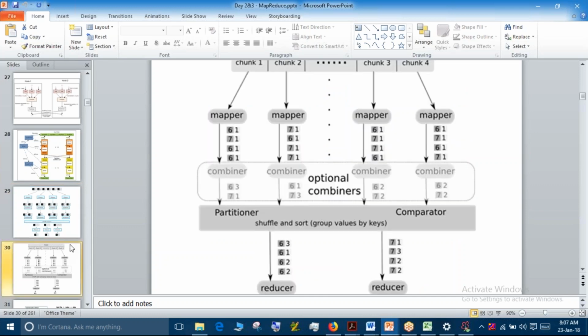You see here, are you getting the point? Yes. This kind of diagram is needed. Mapper, what input it is taking, what output it is giving. Combiner, what input it is taking, what output it is giving. Partitioner, and then we have shuffle and sort and finally reducer.